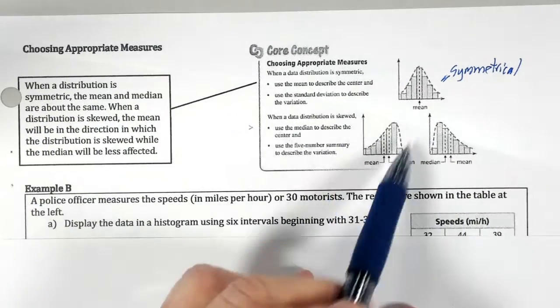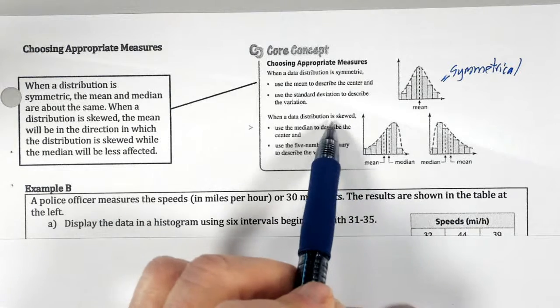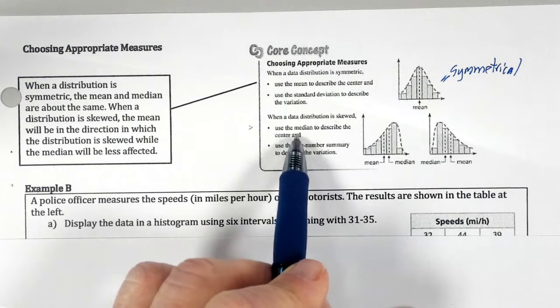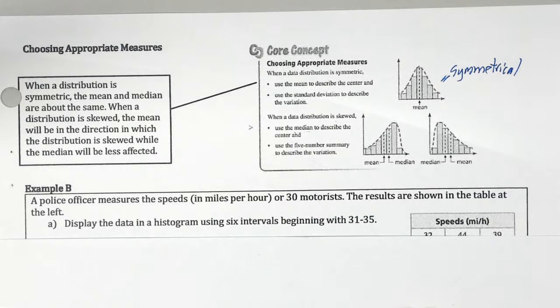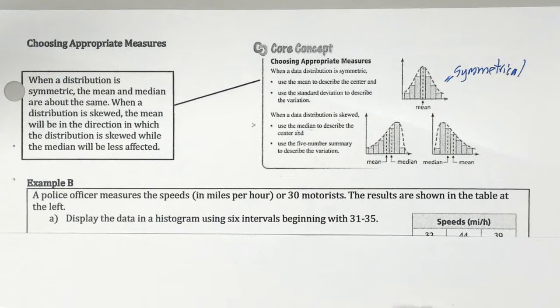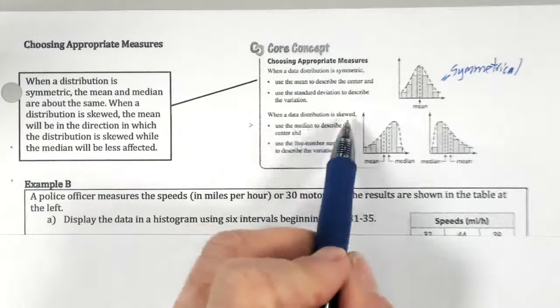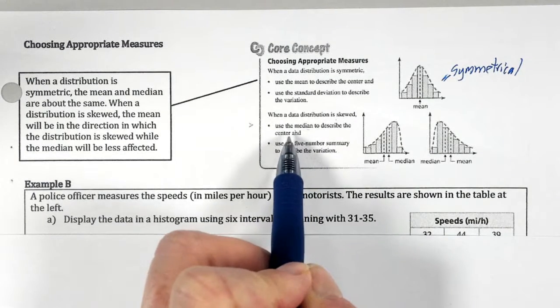So then when I have data that's skewed, notice what happens. We're going to use the median to describe the center. And we do that because that outlier, those numbers that skew, or that information that skews our average, it's better just to use the median.